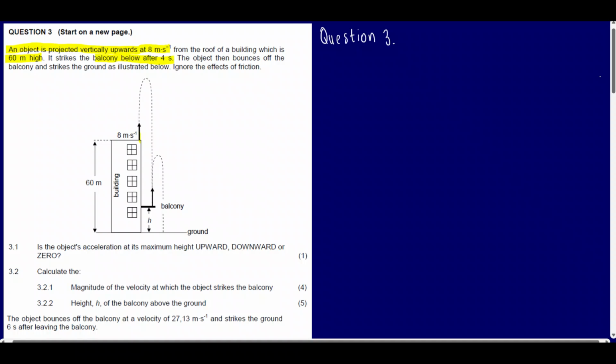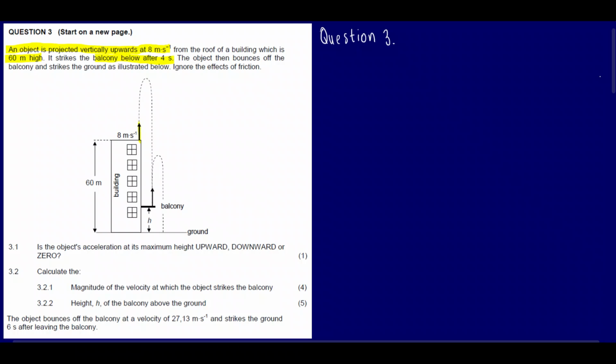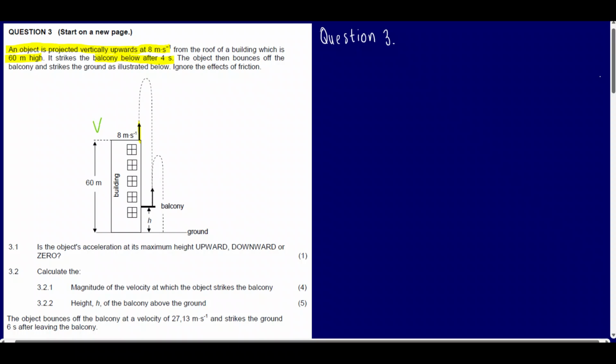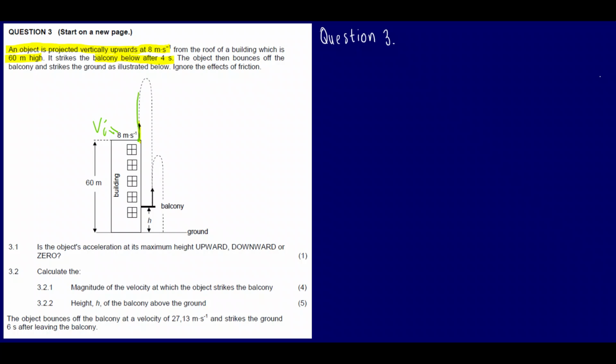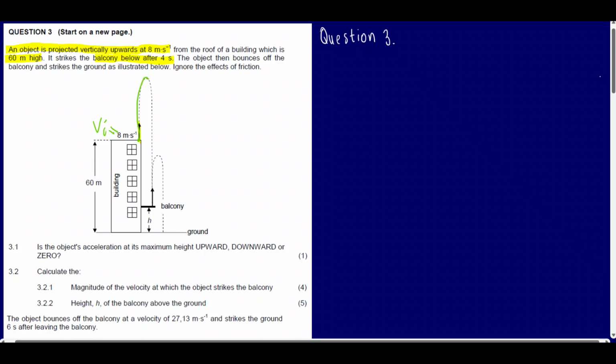So we see that the object is going to move with some initial velocity, which is 8 meters per second, to go all the way up and reach the maximum height. The velocity at the maximum height is 0 meters per second when we analyze the situation.